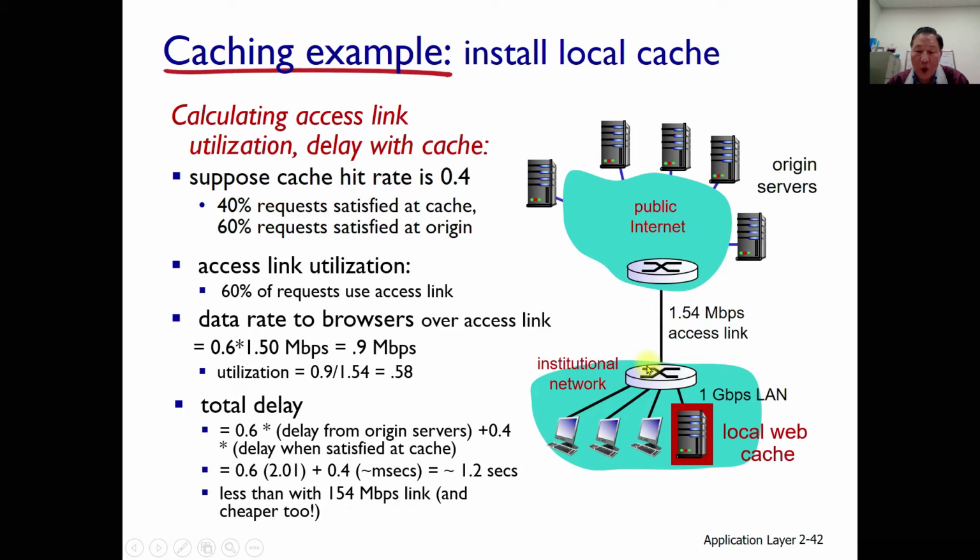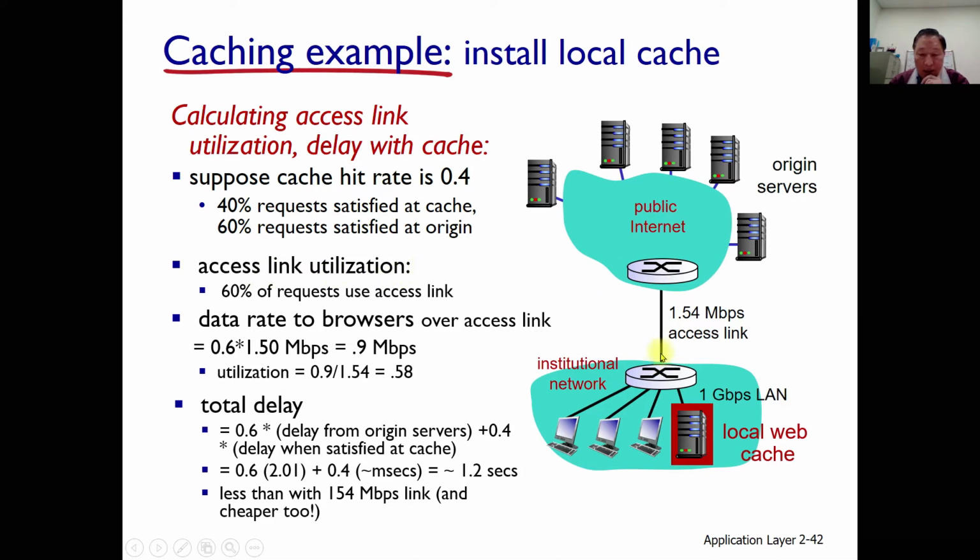60%, that means among 10 requests, another 6 requests should be serviced by this server, and we should get that information from this origin server. 40% of requests are satisfied at the cache here, and 60% of requests are satisfied at the origin server. Access link utilization.